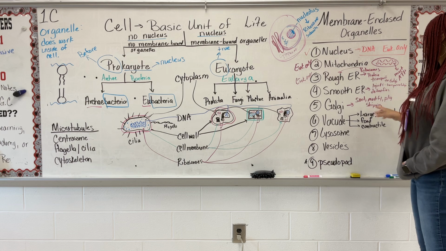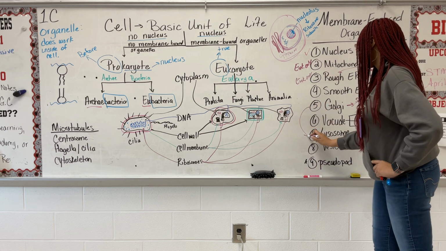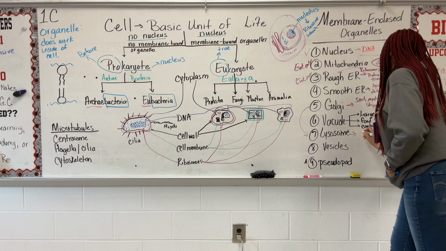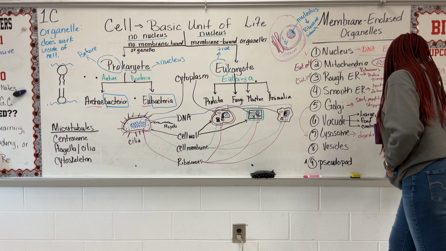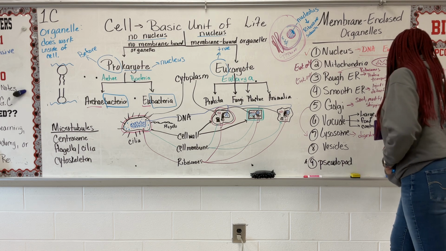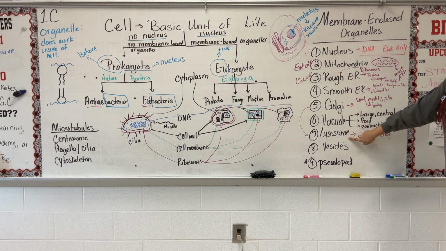But the Golgi is also going to be the thing that generates lysosomes, because lysosomes contain digestive enzymes, okay? And these digestive enzymes can break down a cell. So the digestive enzymes are made at the rough ER and transported to the Golgi, where they're packaged inside of lipids as a lysosome.